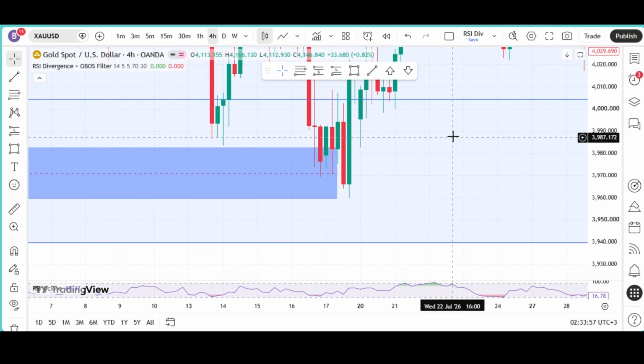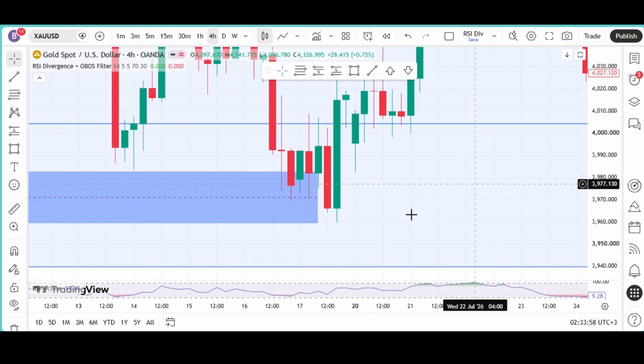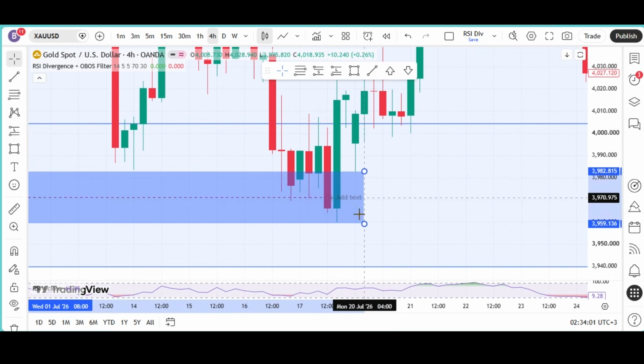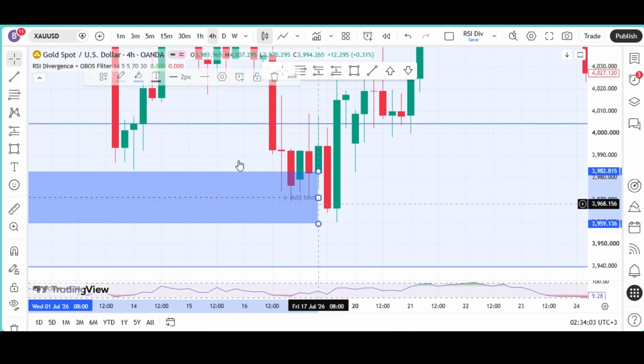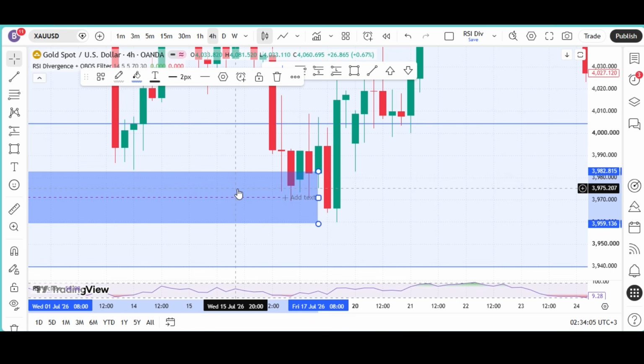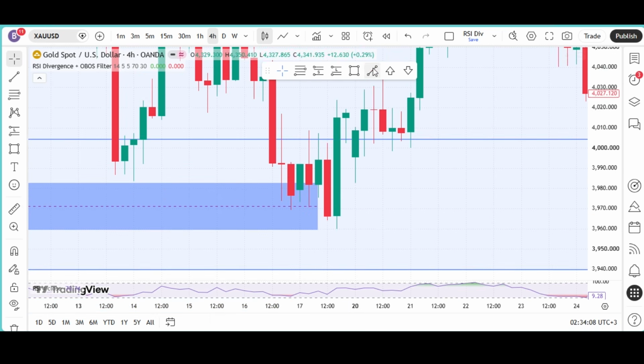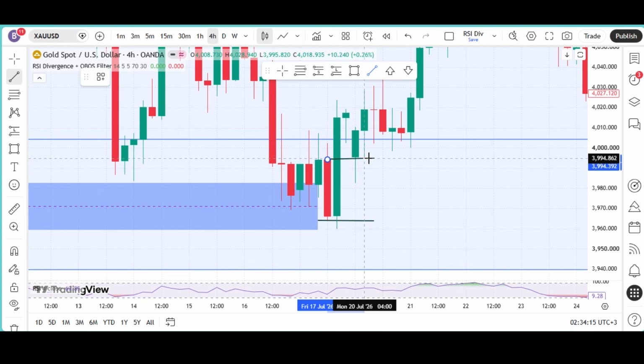That tells you that price is fractal. So we have a 4-hour engulfing candle coming from this order block, and it does the same thing. It gives us a manipulation of the previous 4-hour candle and closes as a bullish engulfing candle.